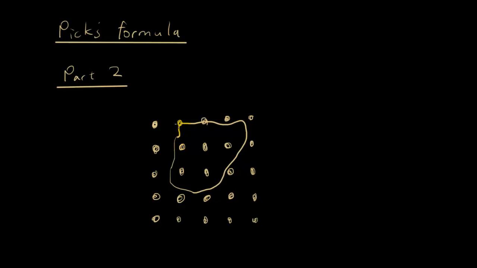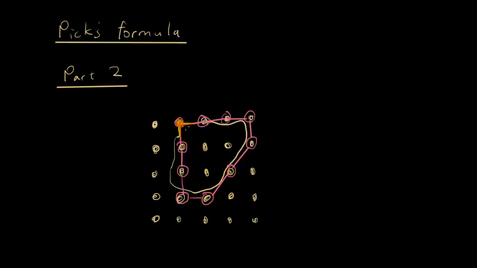So again, you're going to start from here, and let's say you join to this dot, and then from here, it looks like this dot is the closest, and then from here, I guess join this dot, join this dot, join this dot, join this dot, join this dot, and then just keep going all the way to the end.